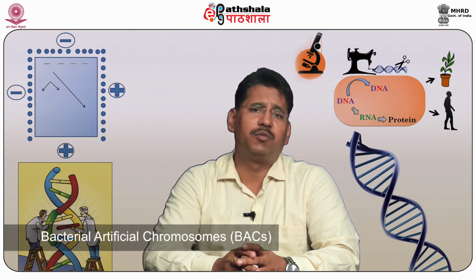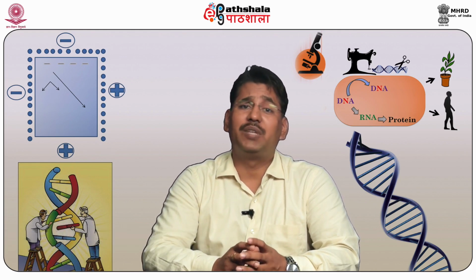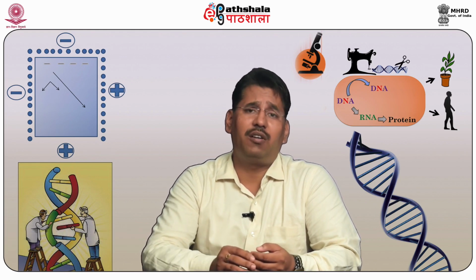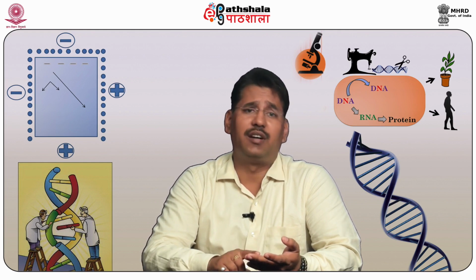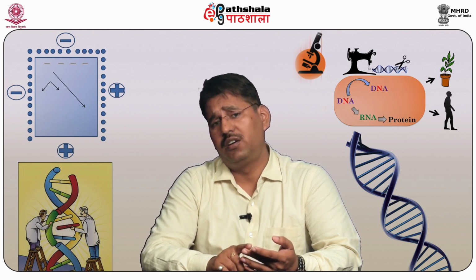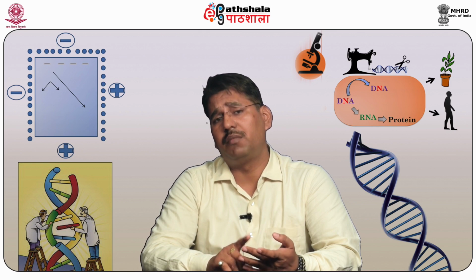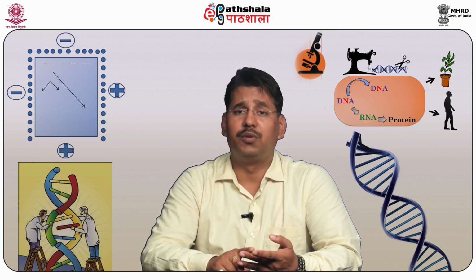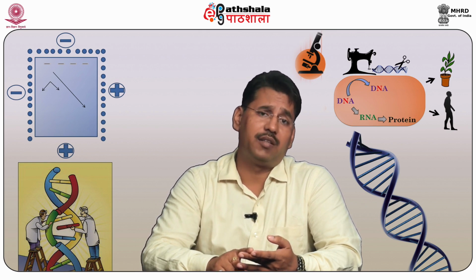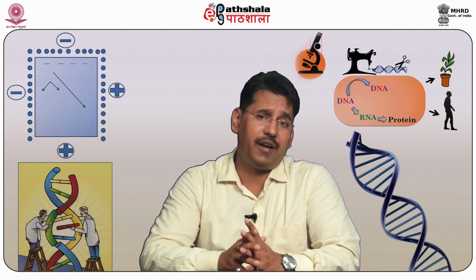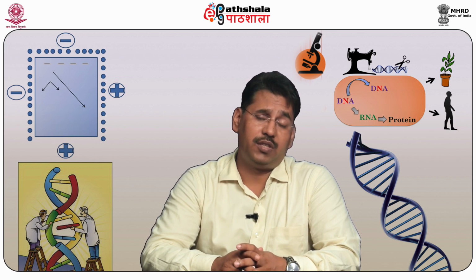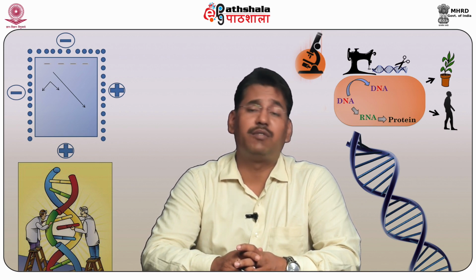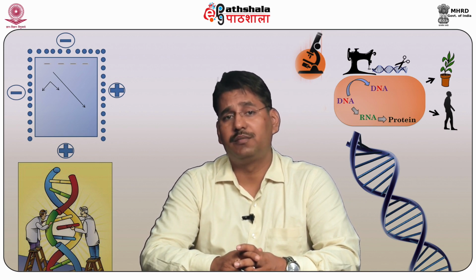Bacterial artificial chromosomes are designed for cloning of large DNA inserts, typically approximately 100 to 300 kilobase in an E. coli host. Bacterial vectors contain a single copy of the F plasmid origin of replication or ORI.